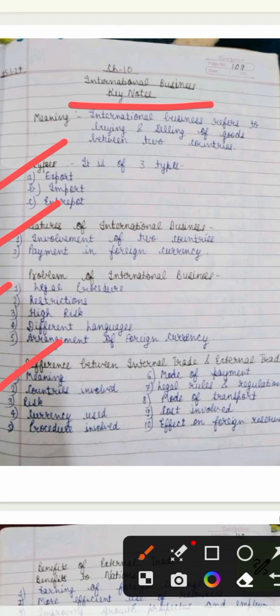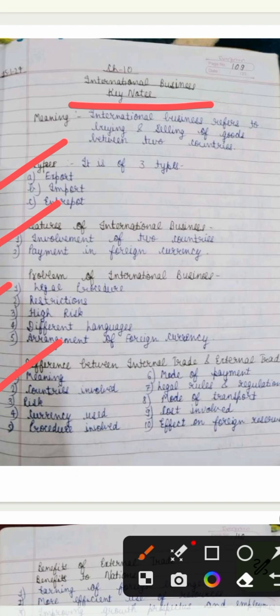The currency used in internal trade: the payment and the receipt are in home currency only. But in external trade, payment is made and received in foreign currency only. Procedure. The procedure of internal trade is not long. No formalities have to be completed.